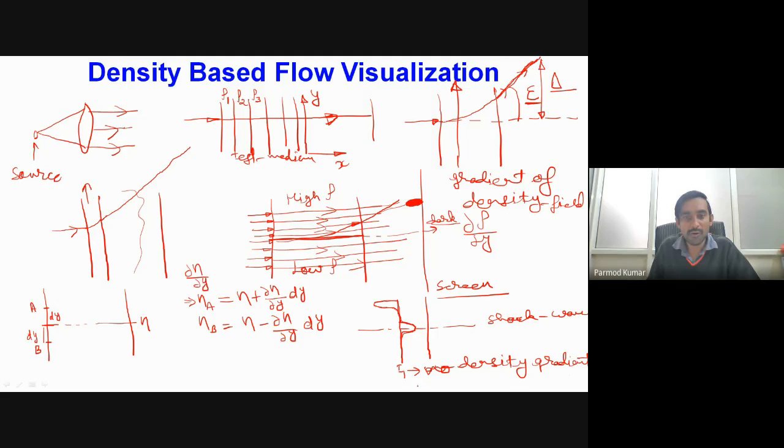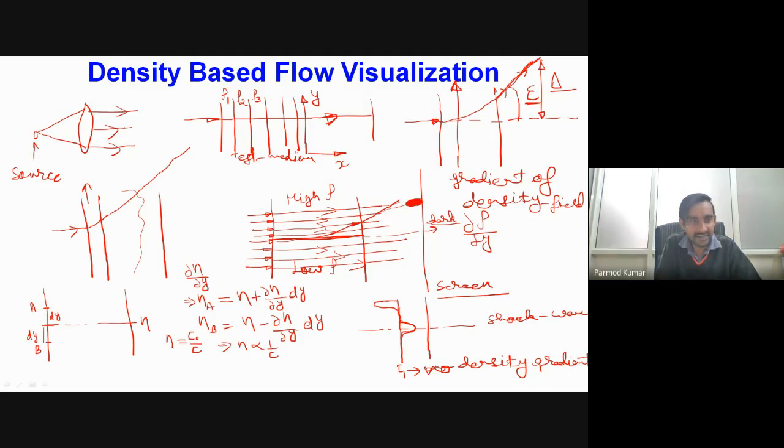Now we know from our fundamental definition that refractive index is equal to C naught by C, where C naught is the speed of light in vacuum, and C is the speed of light in our medium. So I can say that n is inversely proportional to the speed.